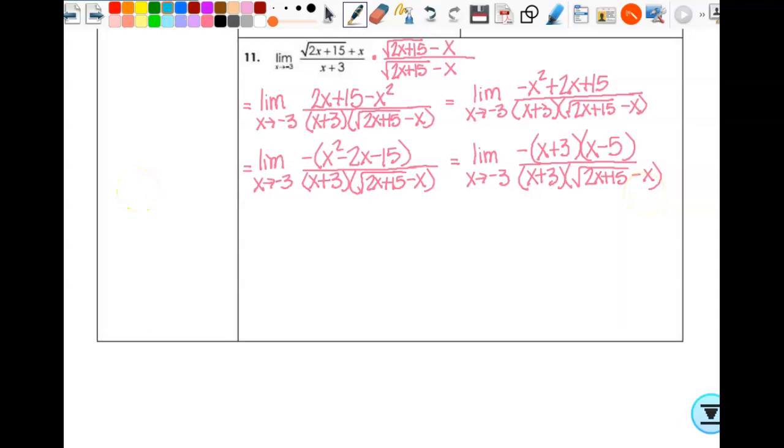Now I have something I can reduce. So I reduce these two. And this leaves me with the limit as x approaches negative 3, x minus 5 over the square root of 2x plus 15 minus x.